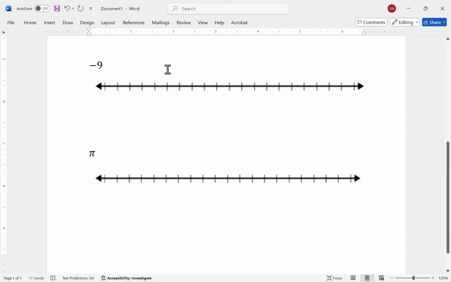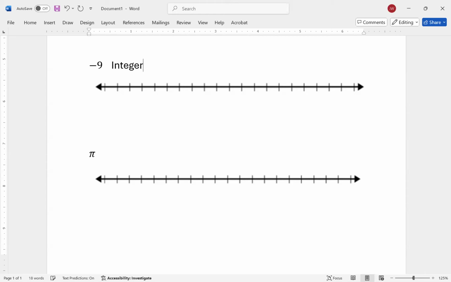Let's look at -9. Since it's a negative number, it is not a counting number. It is also not a whole number. It is an integer. It is also a rational number because I can write it as -9 over 1 if I like. And it is also a real number. Any rational number is a real number.